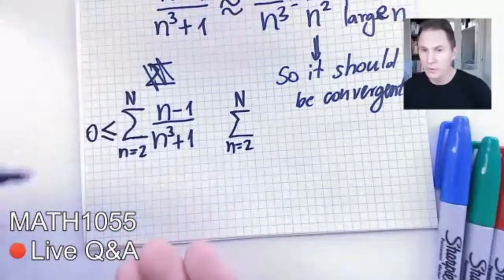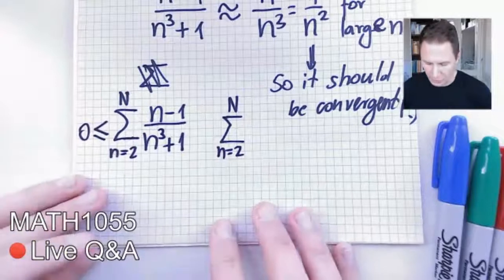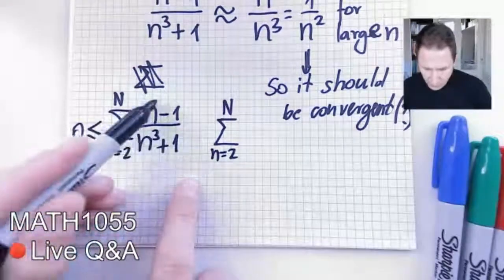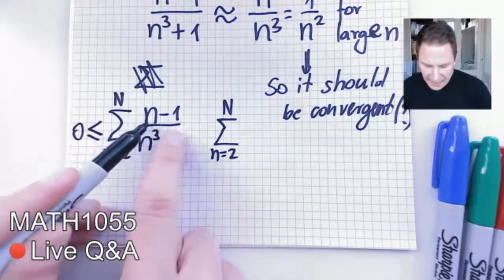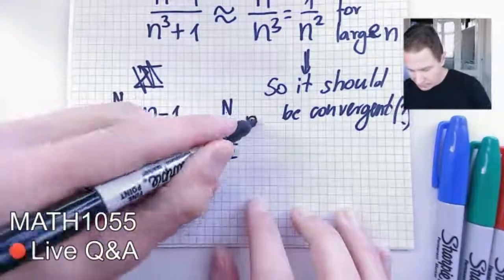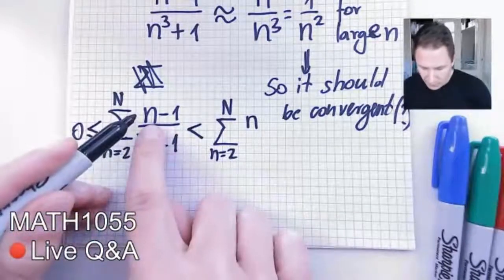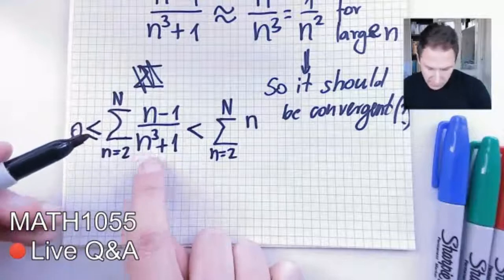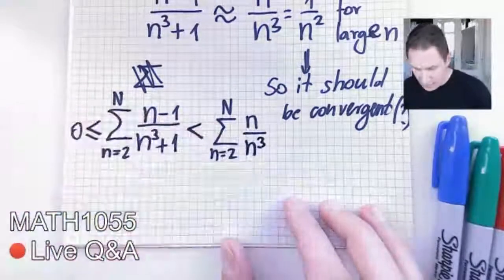We are adding up positive numbers, so 0 is definitely a lower bound for the whole sum. We are not getting anything negative. But what we could do with this fraction, well, we get something that is bigger if we write n instead of n minus 1, right? That should be giving us something that is bigger if we write a bigger numerator, and if we write a smaller denominator, we should get something that's even larger than that.